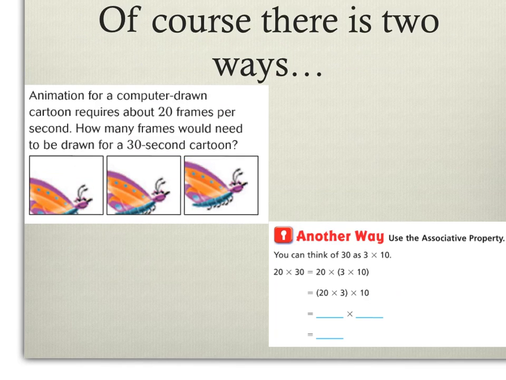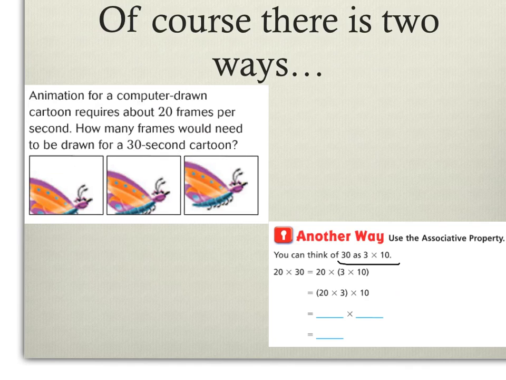I can solve the same problem of 20 times 30 using another strategy. I could use the associative property to group numbers. And instead of thinking of 30 as 3 tens, I can think of 30 as 3 times 10, giving me 20 times 3 times 10.